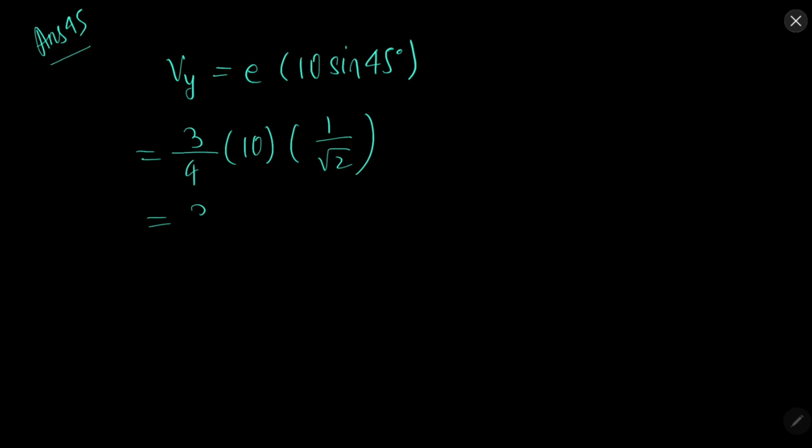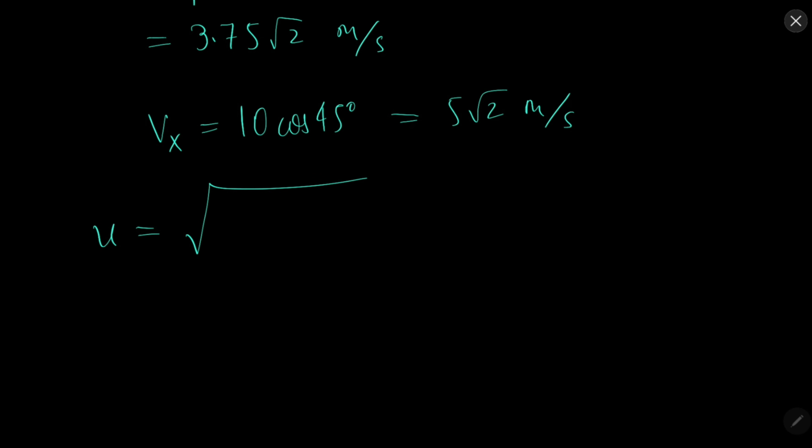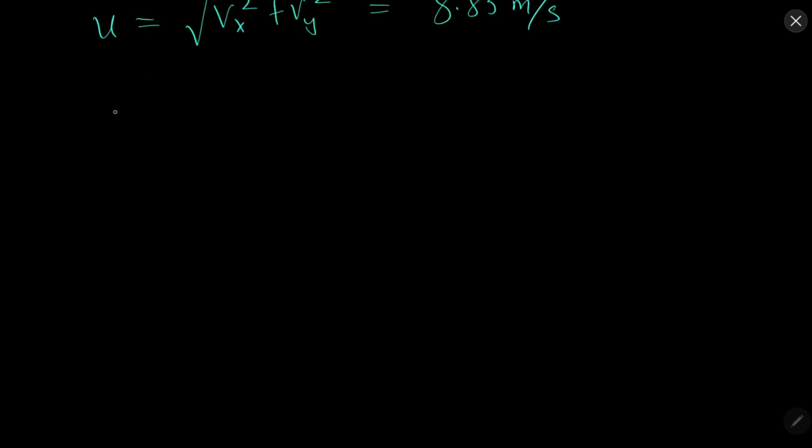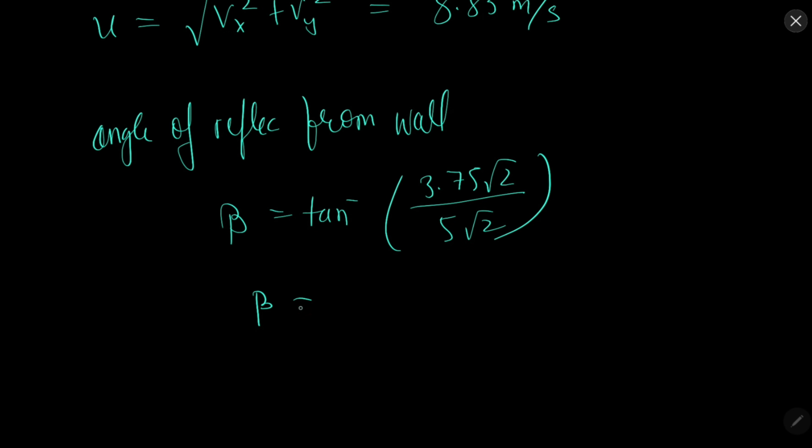So it will give you 3.75 root 2 meters per second, and Vx will be equal to 10 cos 45 degree, 5 root 2 meters per second. So u, or resultant velocity, when you solve this, you will get 8.83 meters per second, and angle of reflection from wall, beta equal to tan inverse 3.75 root 2 over 5 root 2, which will give you 37 degrees.